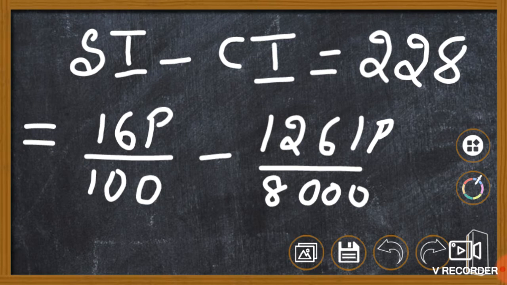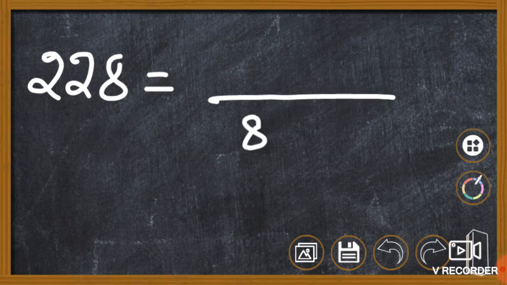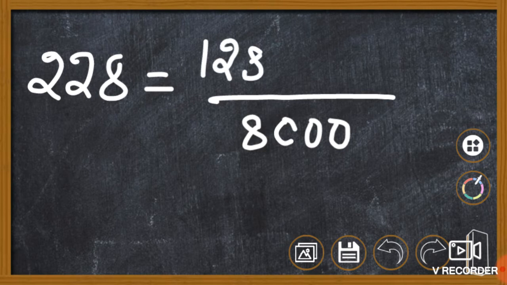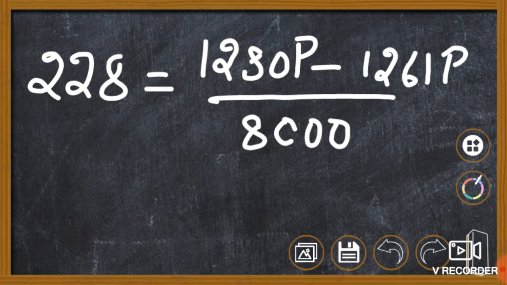So, in the next step, take the LCM. LCM will be equal to 8000 and in the numerator it is 1280p minus 1261p.